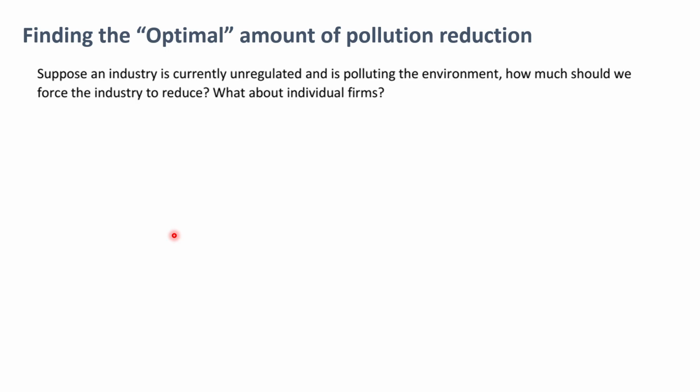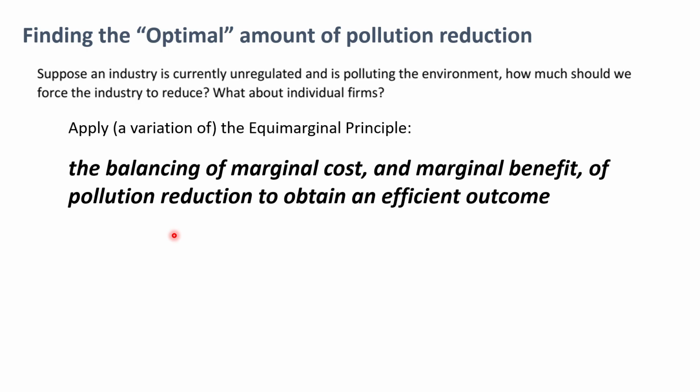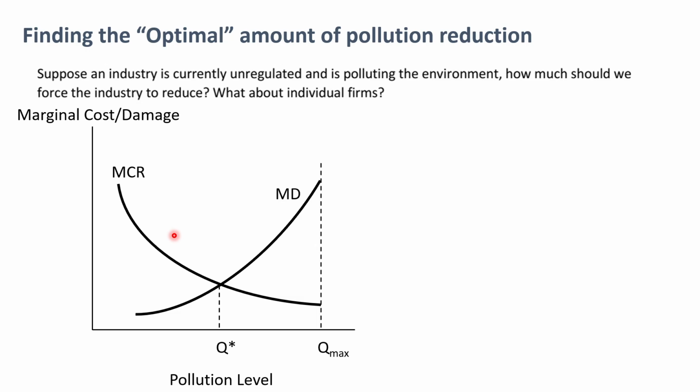So we want to try to develop a definition for optimal. What we're going to do is apply a variation of the equal marginal principle, and that is the balancing of the marginal cost and the marginal benefit of pollution reduction to obtain an efficient outcome. So we're going to develop a new model that's going to look like this.